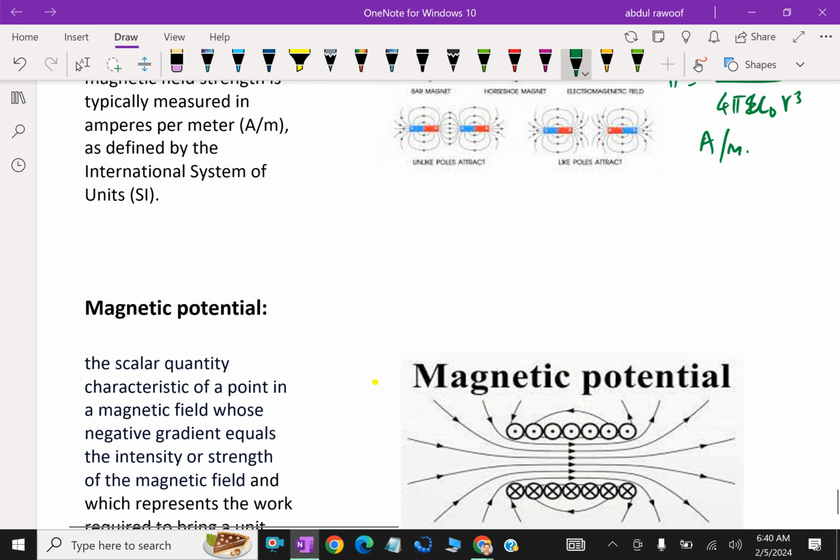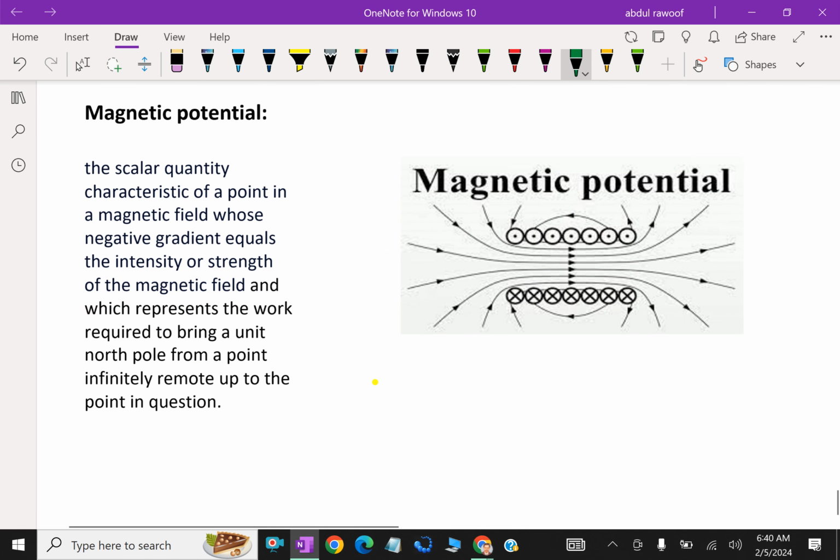Next, we'll discuss magnetic potential. A scalar quantity characteristic of a point in a magnetic field, whose negative gradient equals the intensity or strength of the magnetic field, and which represents the work required to bring a unit north pole from a point infinitely remote up to the point in question.